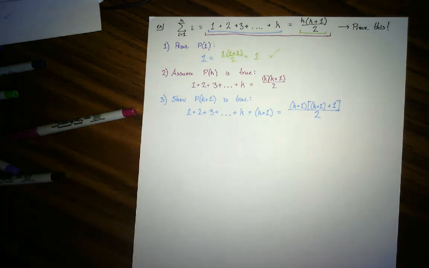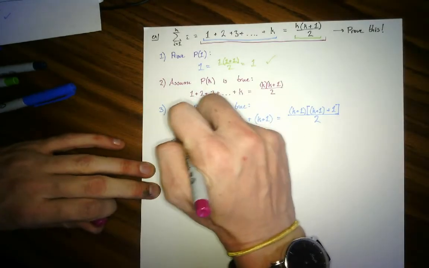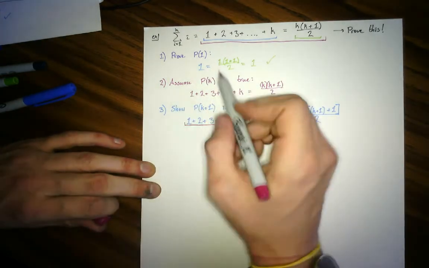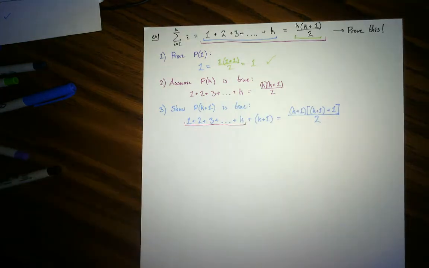That's why I was saying this one is a little easier. We don't have to do compound inequalities, or try to find a weird middleman that somehow proves the k plus 1 with the assumption. All we have to do right here is notice that we already have this part right here. That is our assumption in itself. So we can replace this part with our k times k plus 1 over 2.